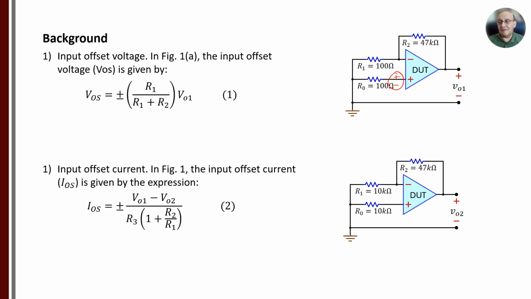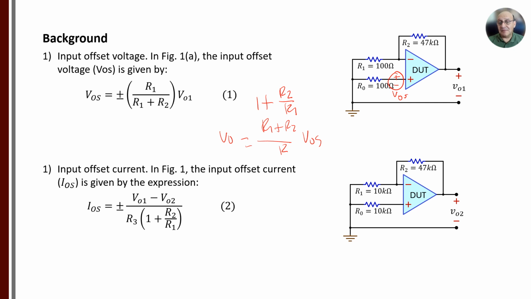If we take that the offset voltage is in series with the positive input, the gain has to be basically 1 plus R2 over R1, so a ratio of R1 plus R2 divided by R1, and this is my output voltage with respect to the offset. So you solve for the offset. Of course, you encounter this equation that we have here.